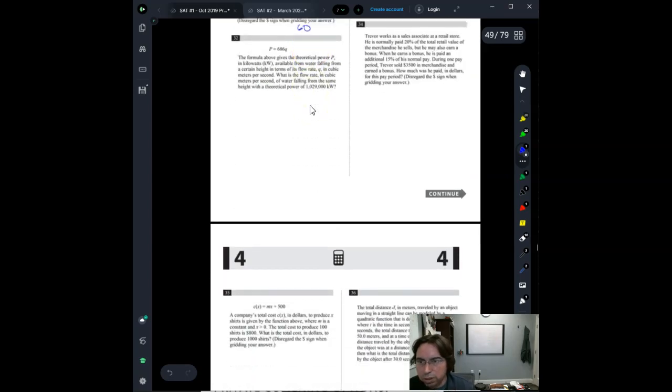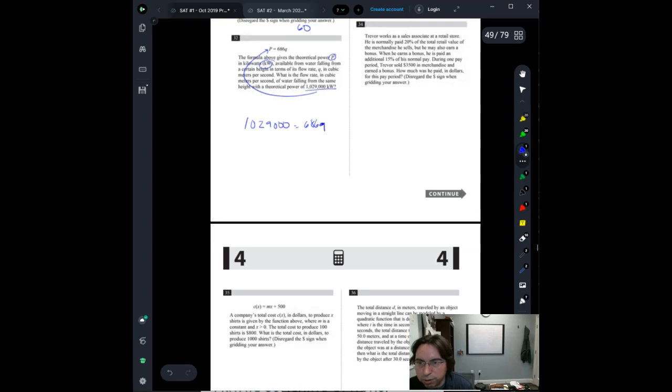Okay, 32. This is a linear equation word problem. So what we're going to be doing here is plugging in values for P or Q. The formula above gives the theoretical power P in kilowatts. And we see here, what is the flow rate in cubic meters per second of water falling from the same height to give a theoretical power of 1,029,000 kilowatts? So that is going to go where P is. So we're just going to write 1029000 equals 686Q.